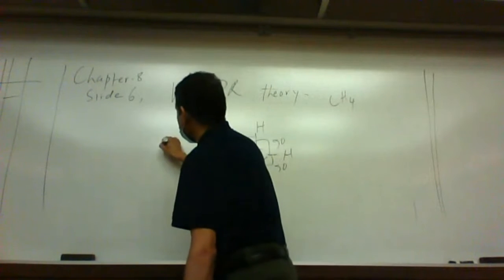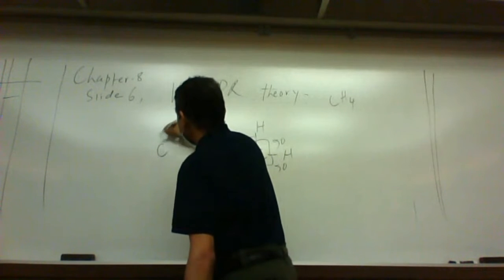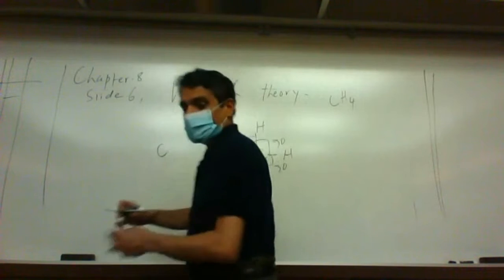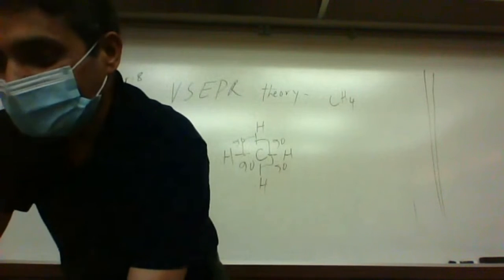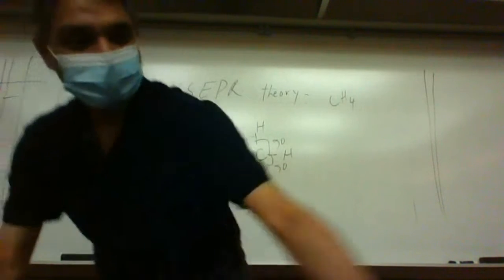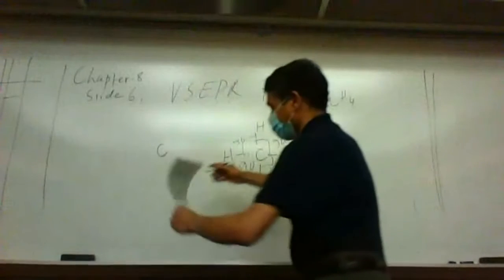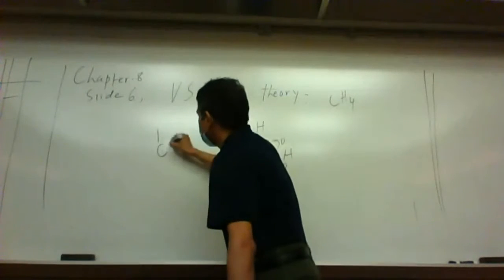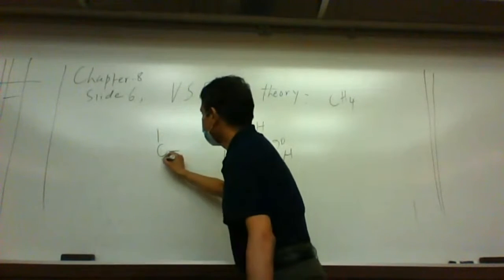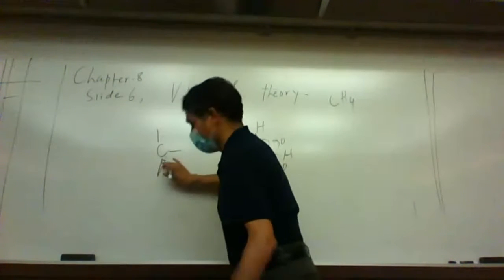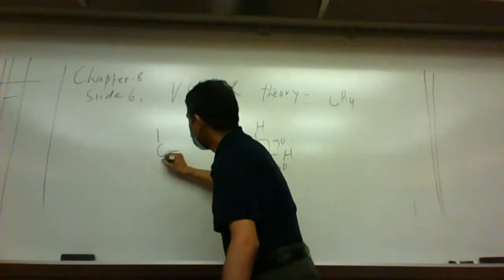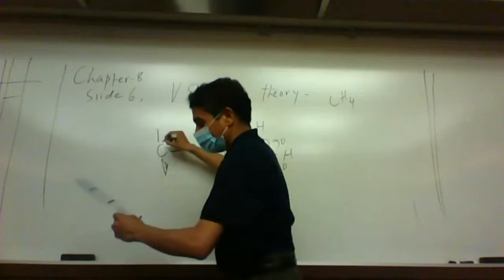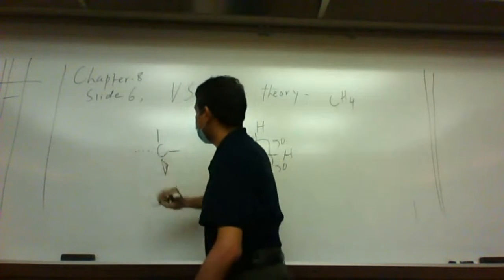So this is a C here, and let's draw the structure. One bond is like this, one is coming toward me like this, and then one is going away like this.